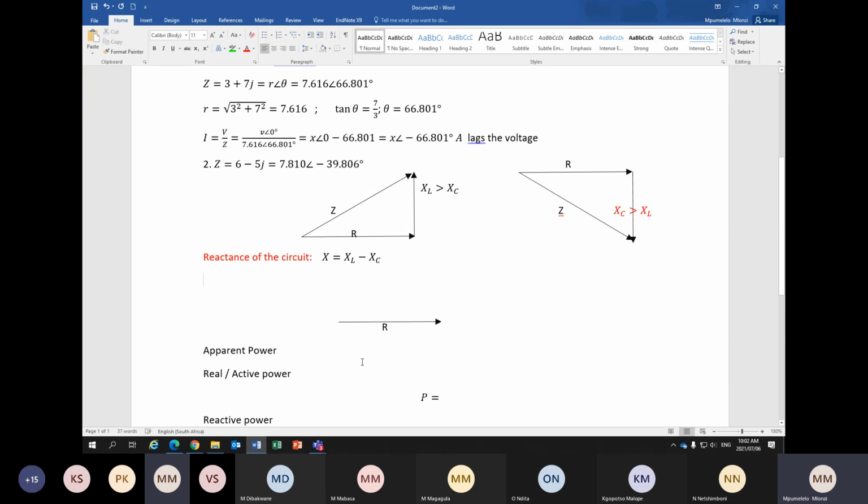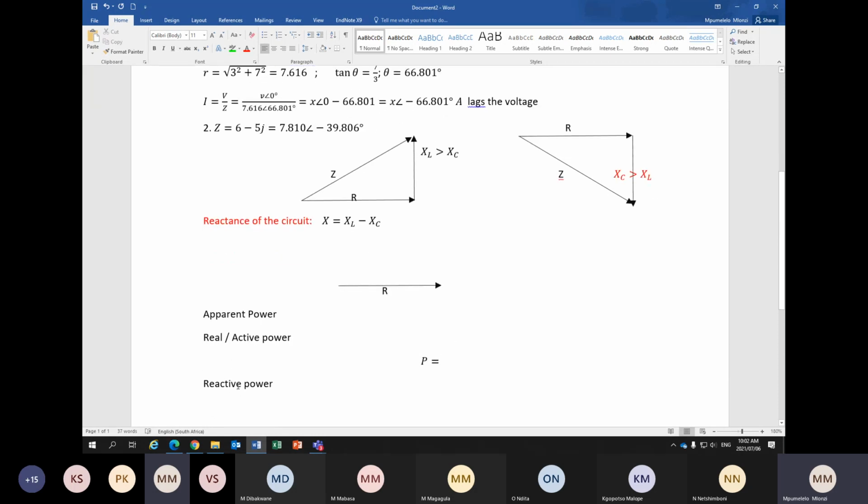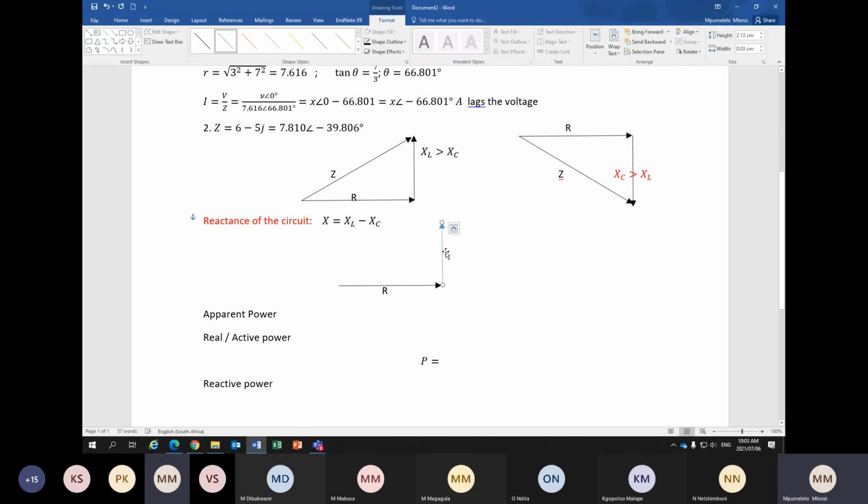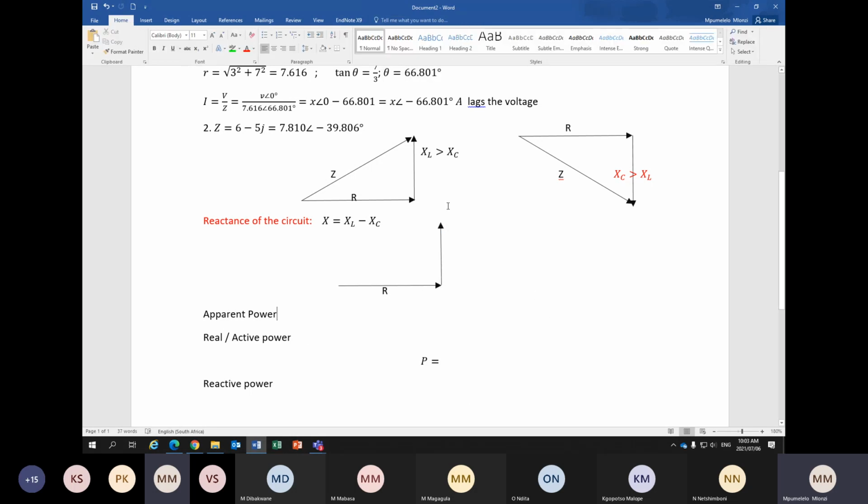And you have the reactive power, which will be on the vertical axis.